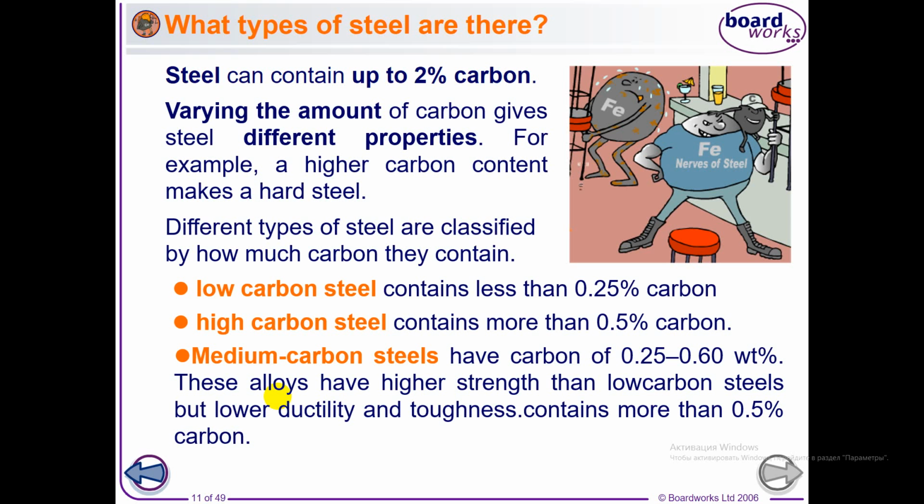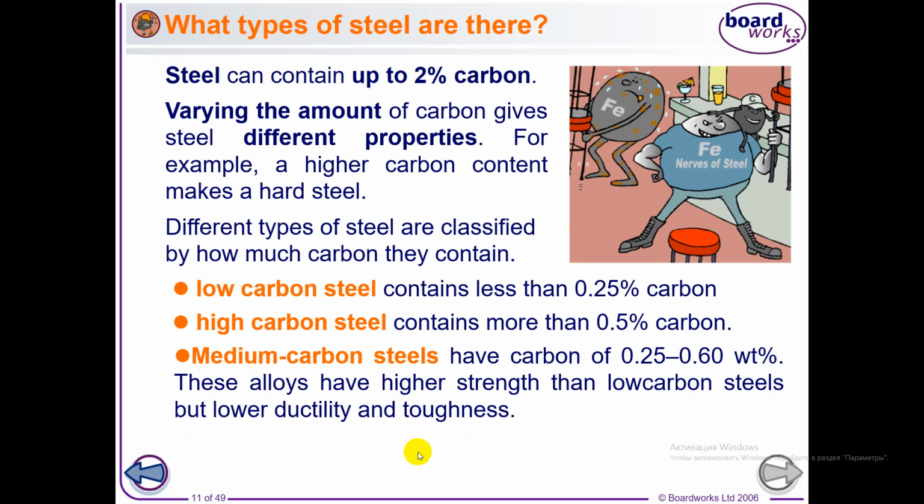These alloys have higher strength than low carbon steels, but lower ductility and toughness. However, they have a good compromise and balance between strength and ductility.